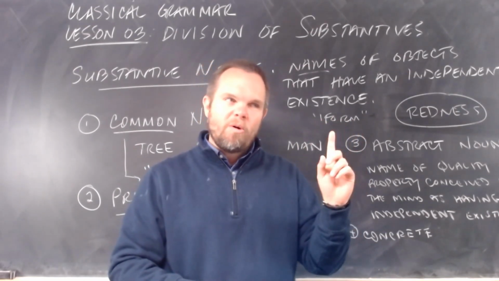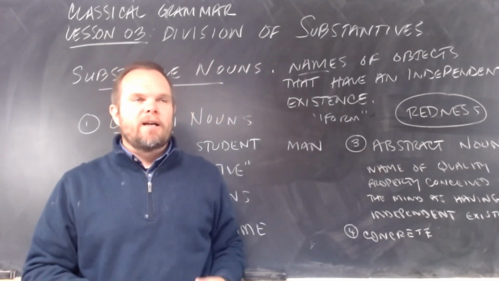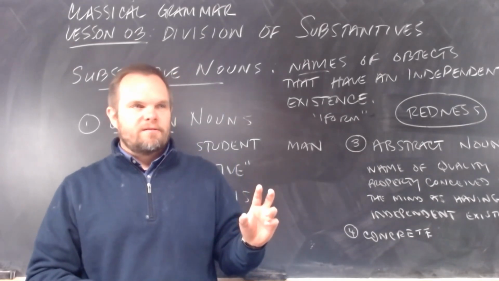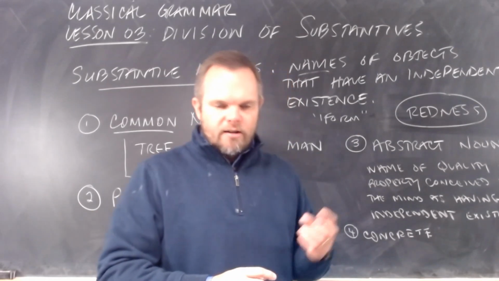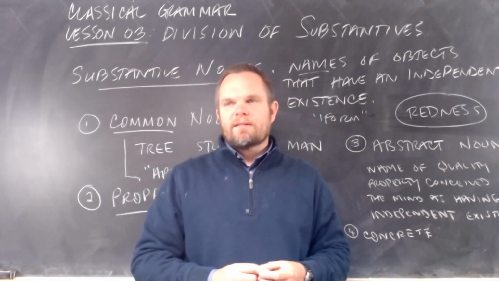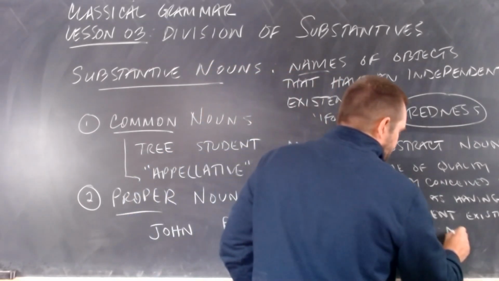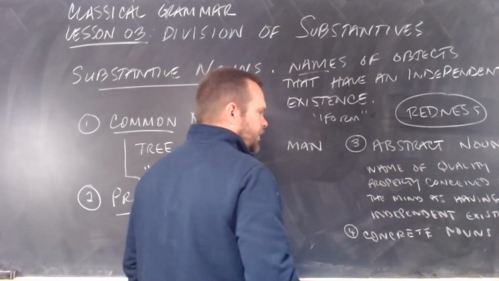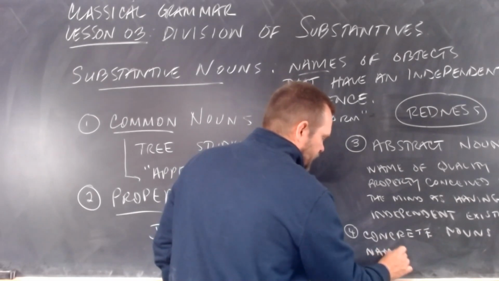Whoa, whoa, whoa. We can't say that abstract nouns don't really exist. Our book says, concrete nouns are names of things that really exist. Concrete substantive nouns, the names of things that really exist. Sorry, I'm running out of space here.